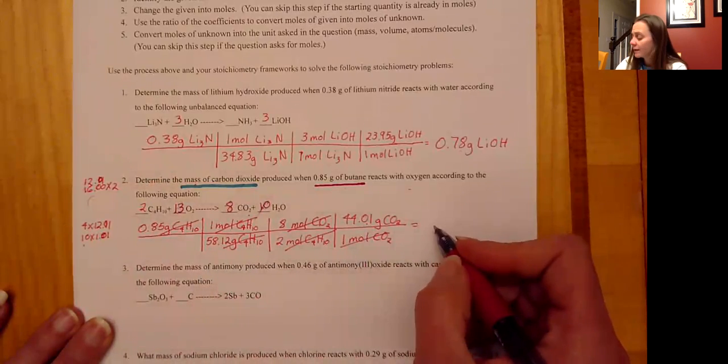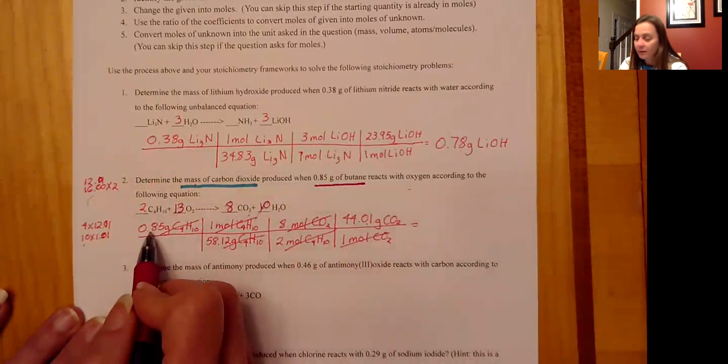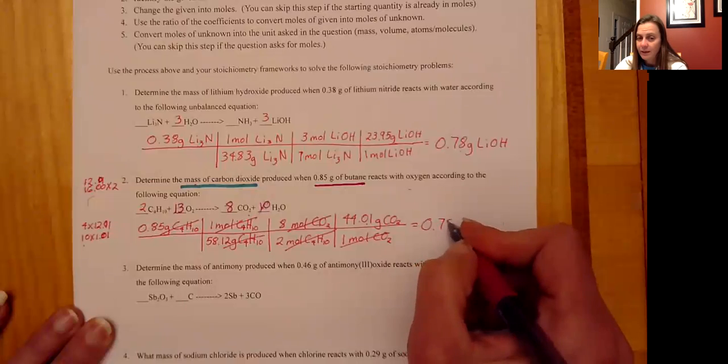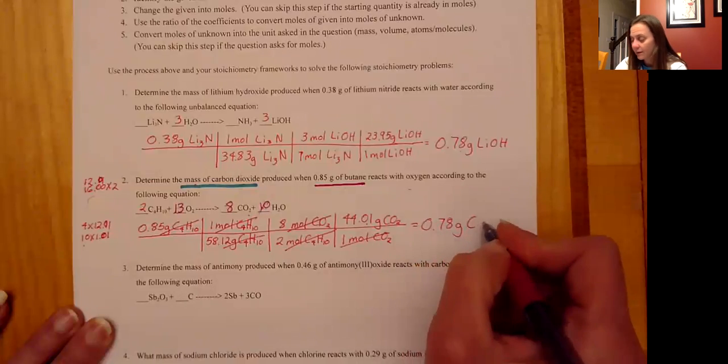And when we plug all of that into our calculator and take into account that we only have 2 significant figures, we get 0.78 grams of carbon dioxide.